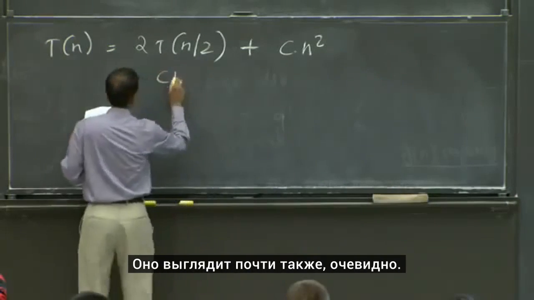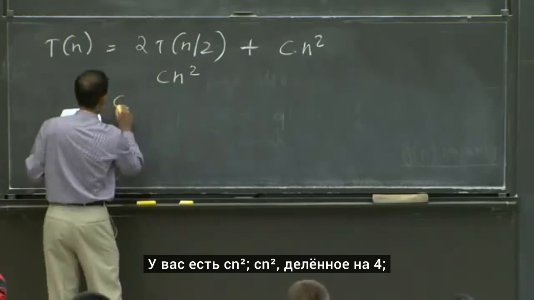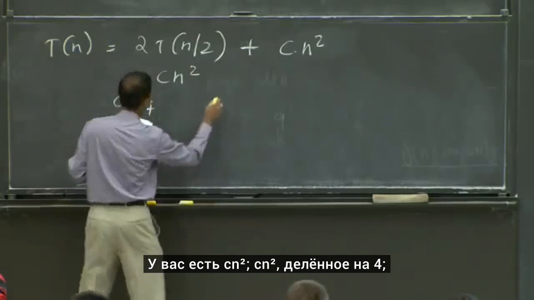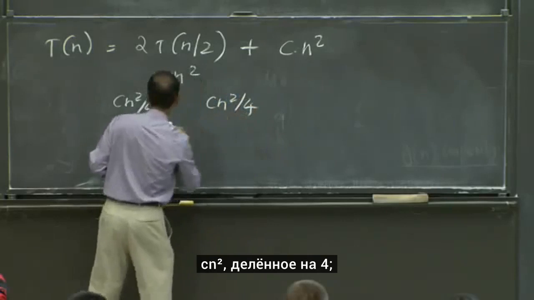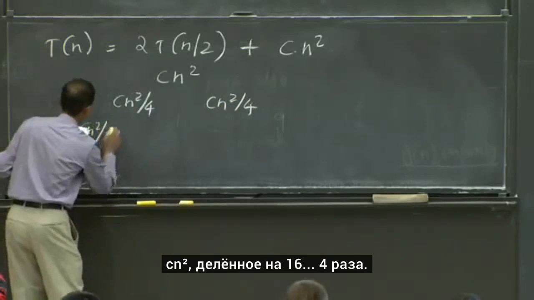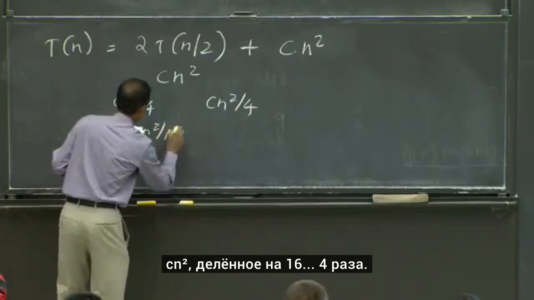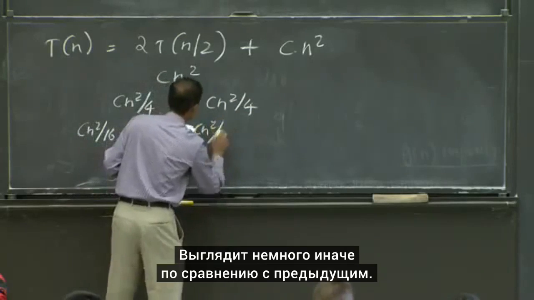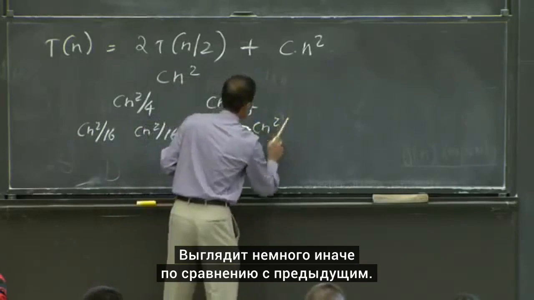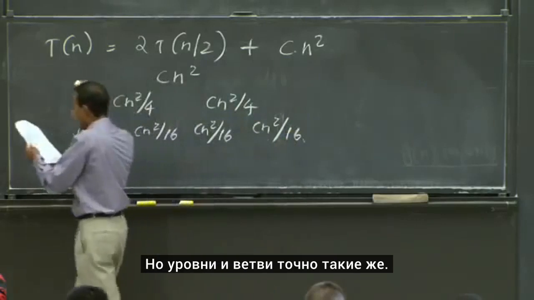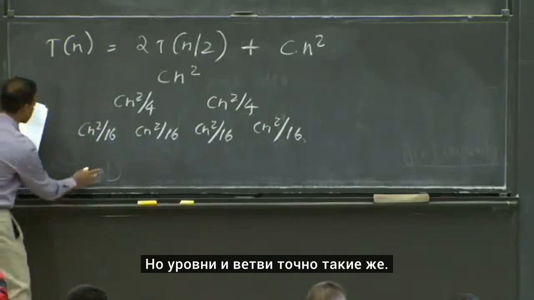Well, it looks kind of the same, obviously. You have cn squared, then cn squared divided by 4, cn squared divided by 4, then cn squared divided by 16, 4 times. Looking a little bit different from the other one. The levels and the leaves are exactly the same.